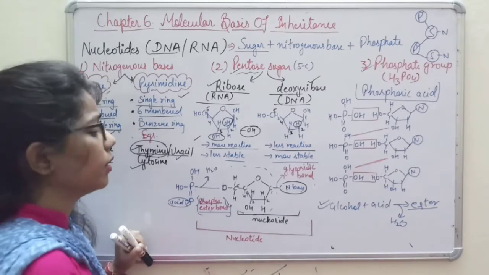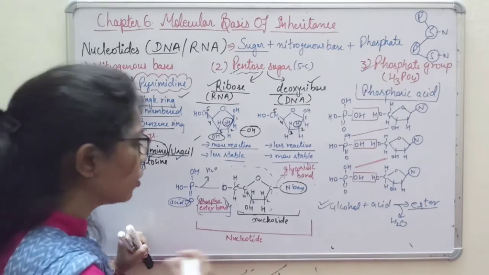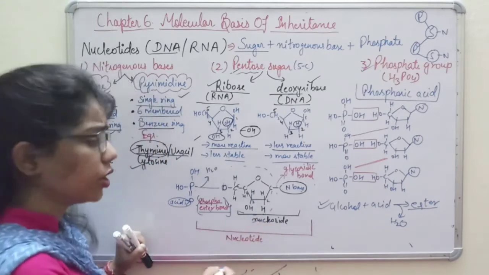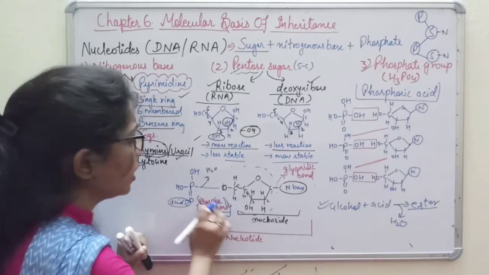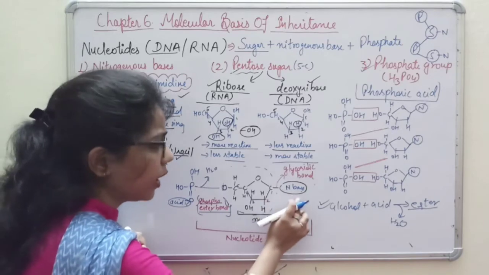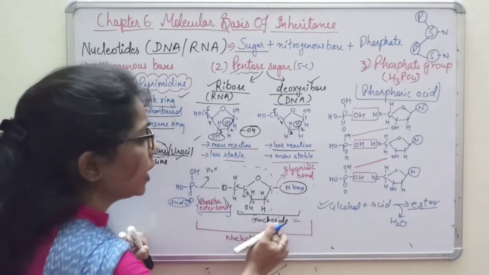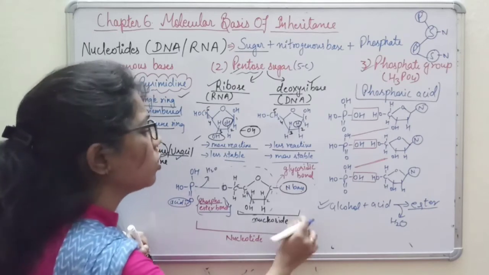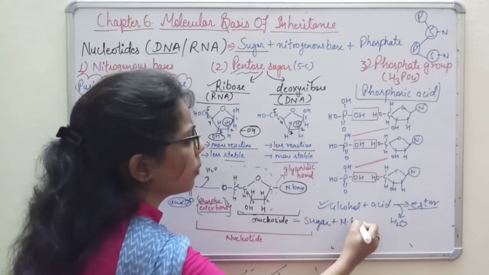Another term is there, that is nucleoside. So what is this nucleoside? Nucleoside is that thing in which we have removed this phosphate. Instead, we have taken only the sugar and nitrogenous bases. So here I can write, what is nucleoside? Nucleoside is a combination of sugar and nitrogenous bases.